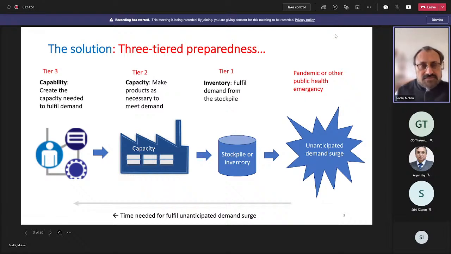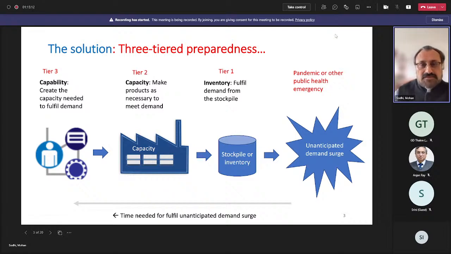So the solution is, going back to what Dr. Kaveri was talking about, that the body has different levels of preparation, the skin, and then, of course, the immune system and so on. So what I'm presenting is a very simple idea for a three-tiered preparedness system.